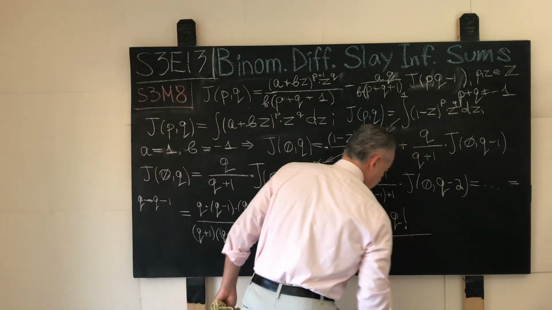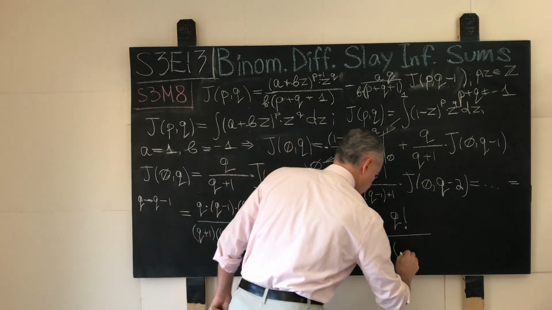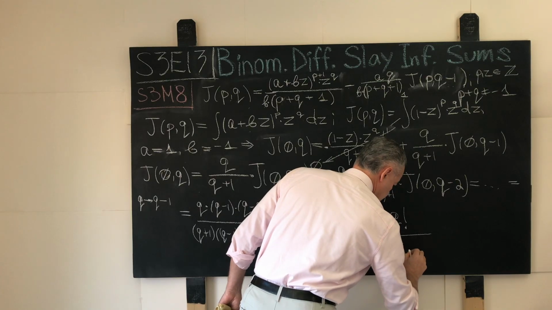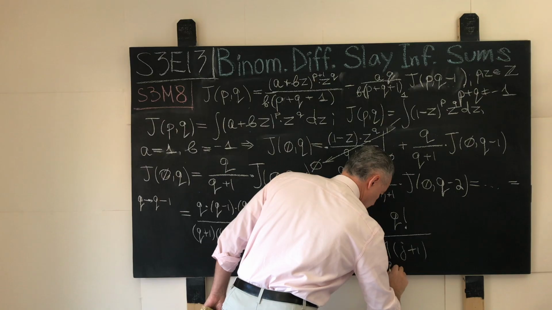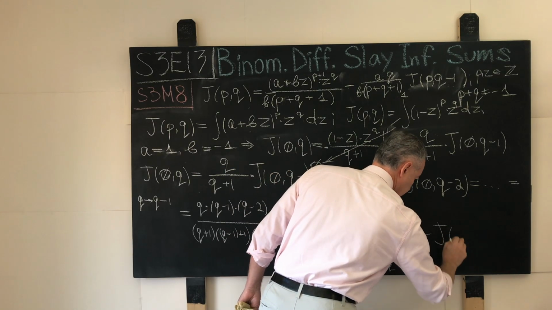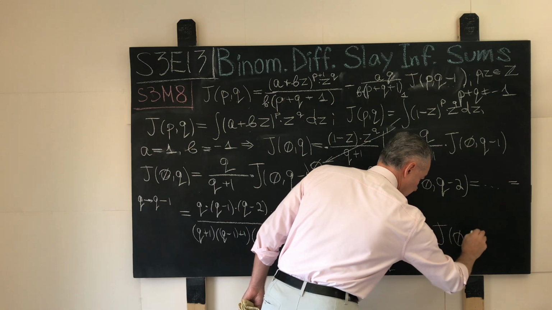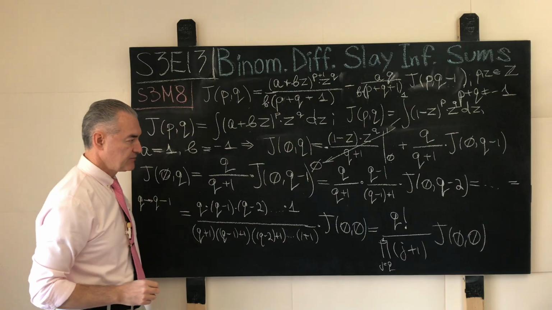In the denominator we'll have the product that runs which way? It will be, let's say, j plus 1, where j varies from q to 1, and here we will have the integral j of 0, 0. This is our terminal case.